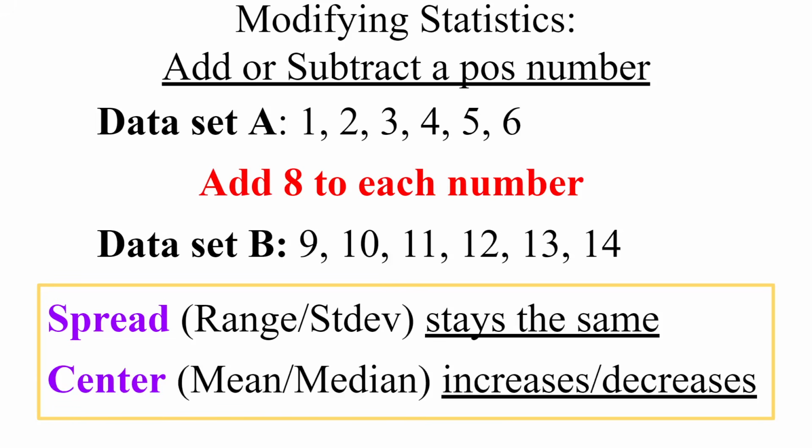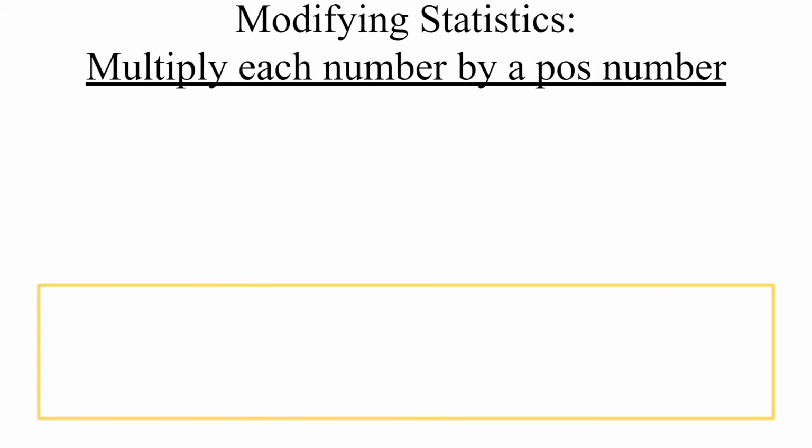But the center, the mean or median, will increase or decrease depending on if we added or subtracted. So because we added 8, the mean and median both increased. I didn't need to do any calculation to know that. You could if you want, but I can just figure that out from my knowledge of statistics. All right, let's go on to the next one.